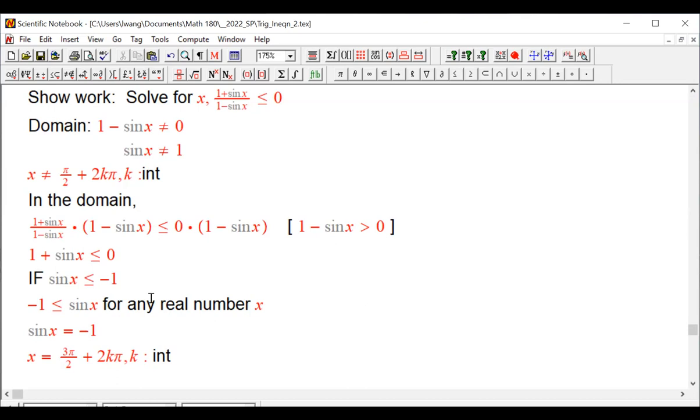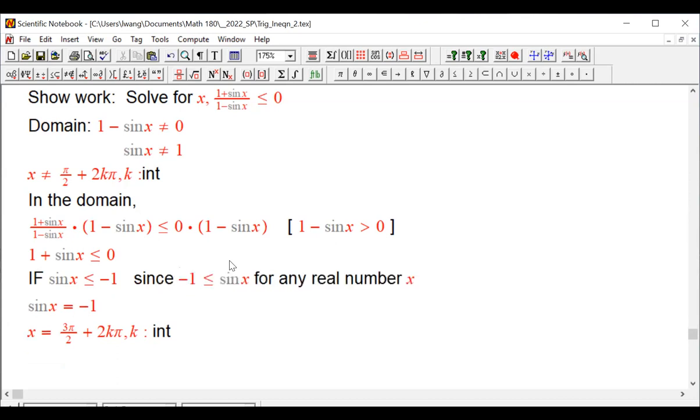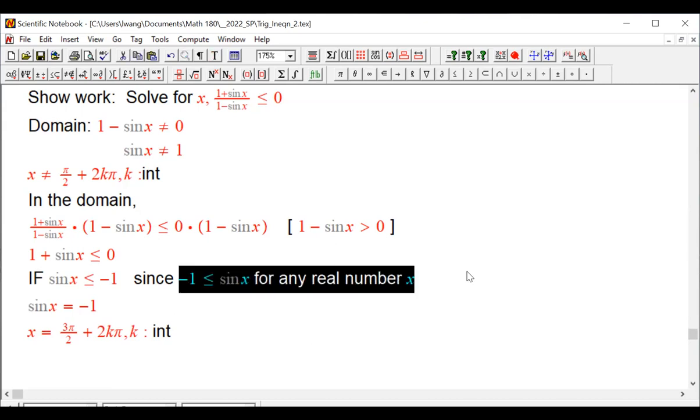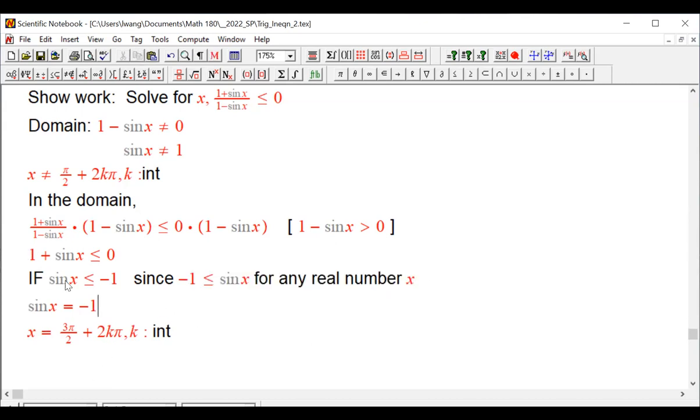Then you can say, since this is true, these two combined, because this is half of that inequality for the range of sine. If you want this to be true, and this is always true, there's no if.